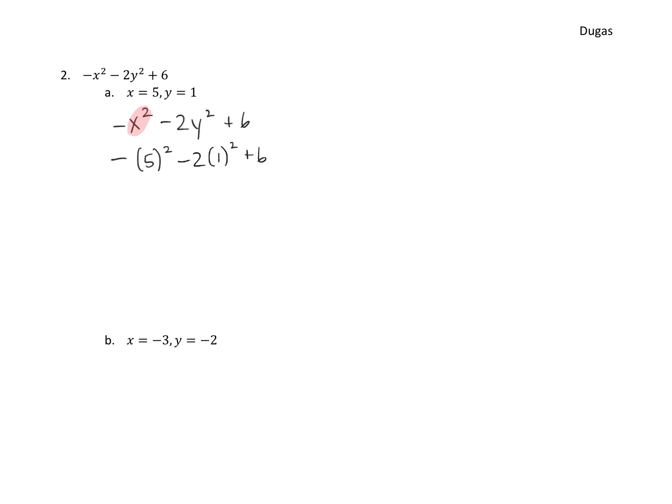So now we'll simplify. 5 squared is 25, and then we bring down that negative in front. 1 squared is just 1. 2 times 1 is 2, so we have negative 25 minus 2 plus 6. And when we do that, we get negative 21.